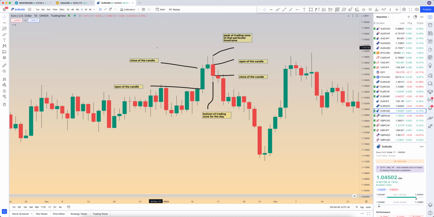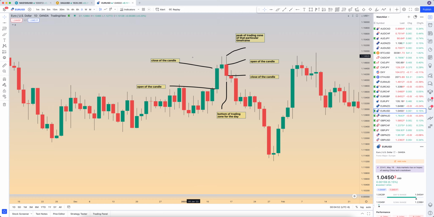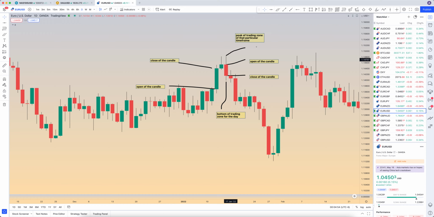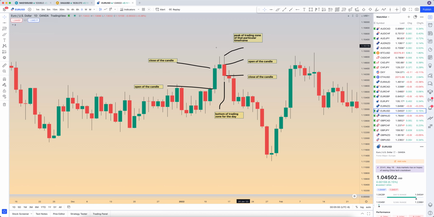That's the difference. Green, the open is on the bottom and the close is on the top. Red, the open is on the top and the close is on the bottom. That's all it means. So when you identify which candle it is, and how many candles come afterwards, there are particular patterns that you can watch for. But simply in this video, I just wanted to explain what a candle is and what it is that you should be looking for once they open and close.